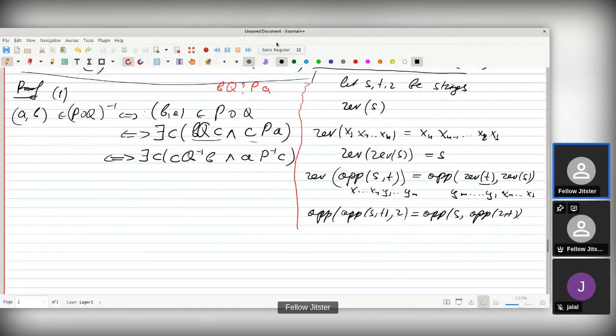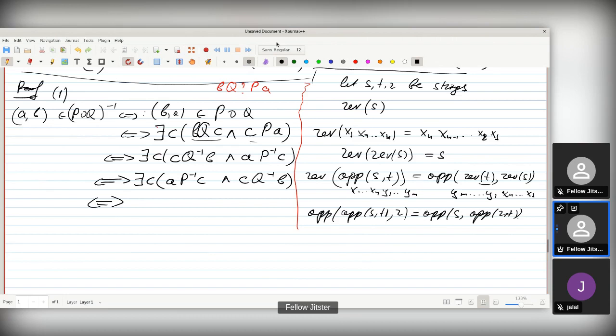Yes. Then let us do some logic. Something X and Y is logically equivalent to Y and X. So it is logically equivalent to this thing: A P converse C and C Q converse B. What does it mean?